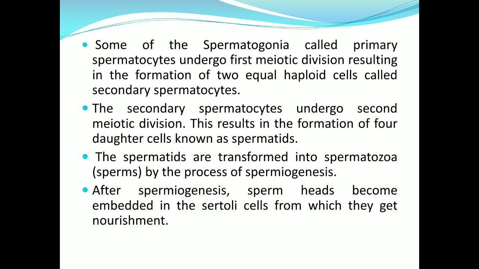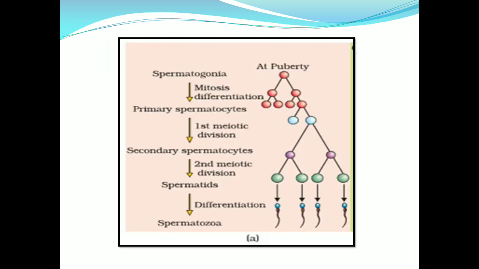It is the formation of a spermatozoa or sperm from spermatids. After spermiogenesis, the head of a sperm gets embedded in the Sertoli cell, from where the sperm gets nutrition or nourishment.